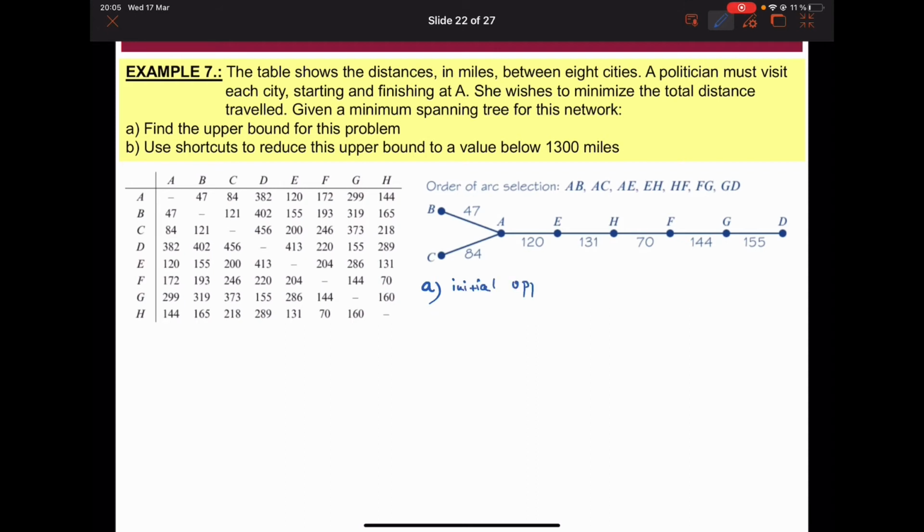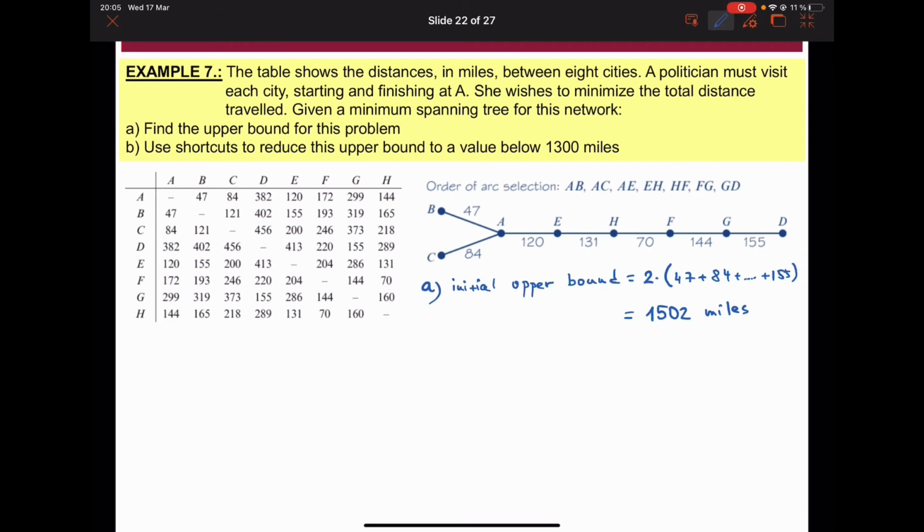Initial upper bound is basically when you're going to add all of the weights on the edges, so 47 plus 84 plus and so on, all of them, 155, and don't forget to multiply by 2. So in this case you're going to get 1502 miles. This is your initial upper bound.